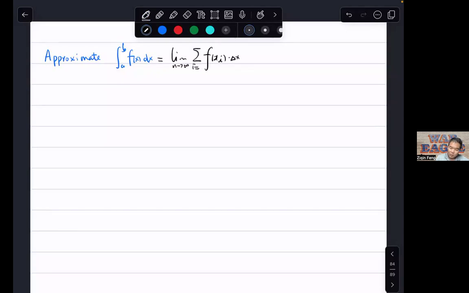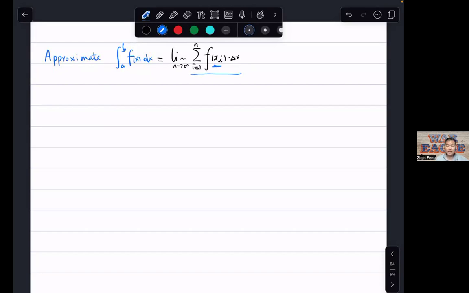For sure, one good approximation is to choose a very large n, then just calculate this finite sum. That's a good approximation, but sometimes that's not very efficient. So you can choose different sample points to get a better approximation.